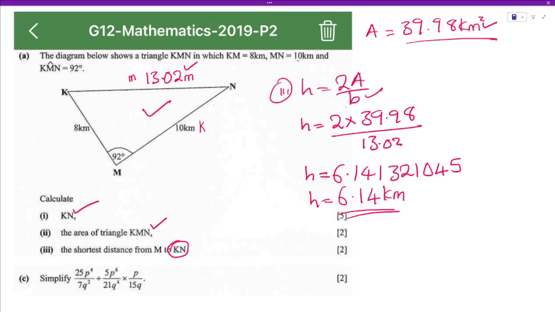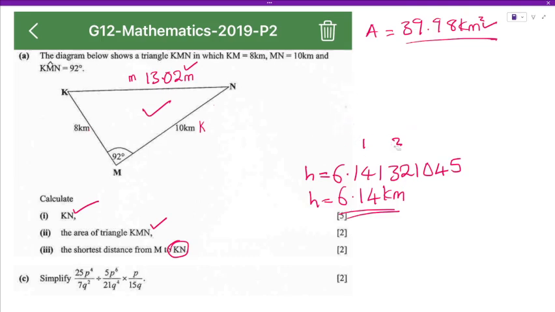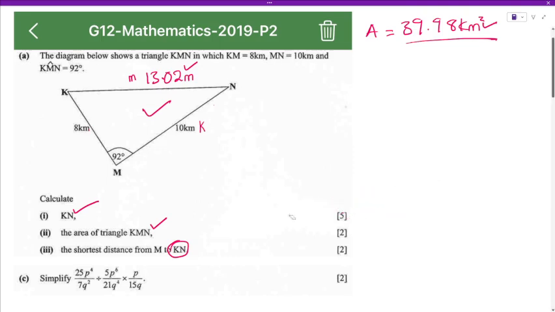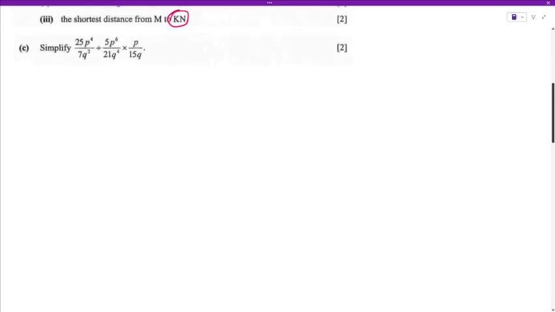So this one is very simple. I didn't expect anyone to get this one wrong, because we covered a lot of these questions the time we were looking at algebraic fractions paper 1. So let me just quickly answer this question.